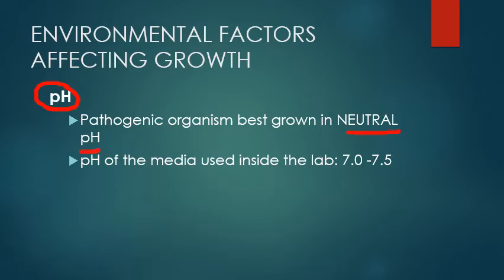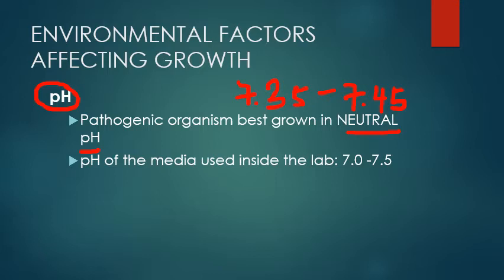So the neutral pH in the human body is 7.35 to 7.45. That is the normal pH inside the body. Most of the pathogenic organisms would grow between this 7.35 to 7.45, if the bacteria is pathogenic.